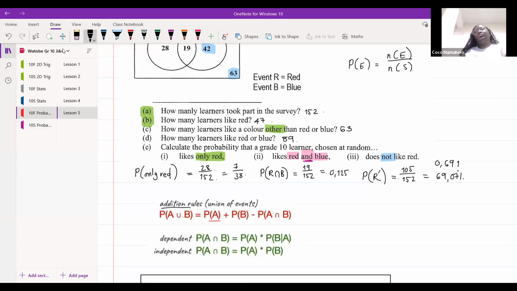Okay, so if we wanted to say red or blue, we can say we want the probability of red union with blue. Okay, and if we say red and blue, that's the probability of red's intersection with blue. Okay, and that's how we write it. You're very welcome.